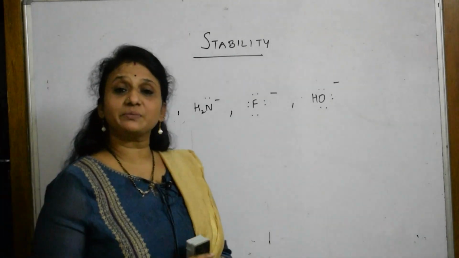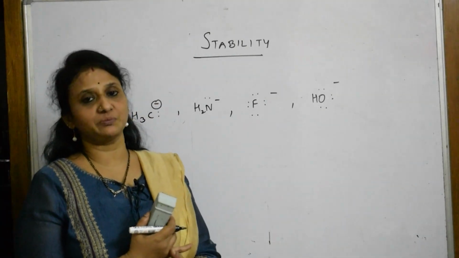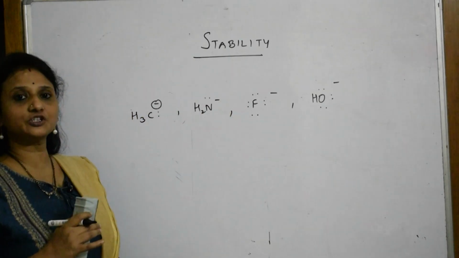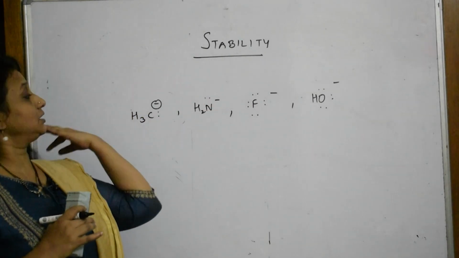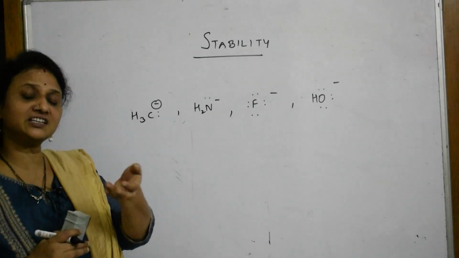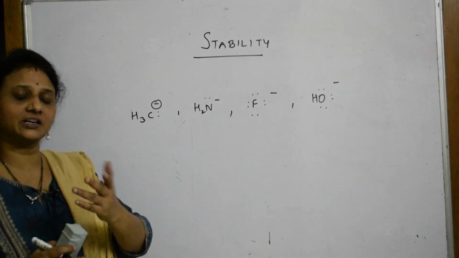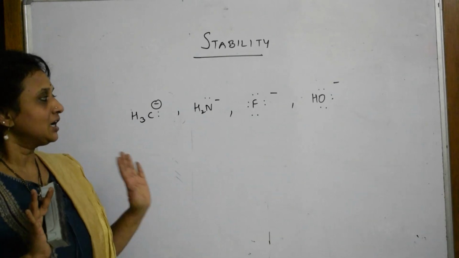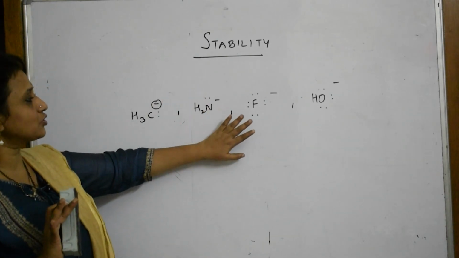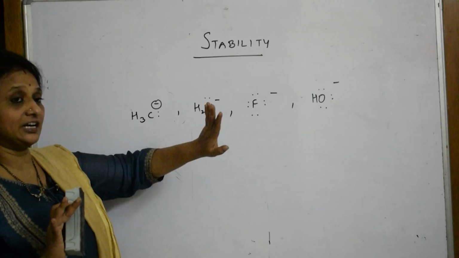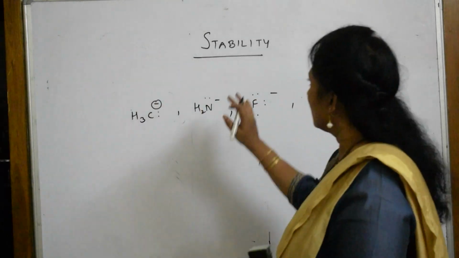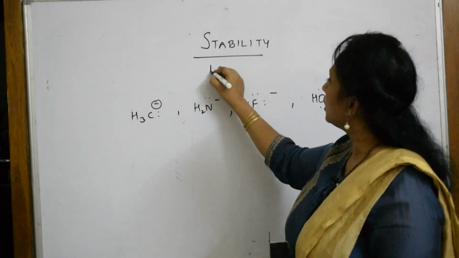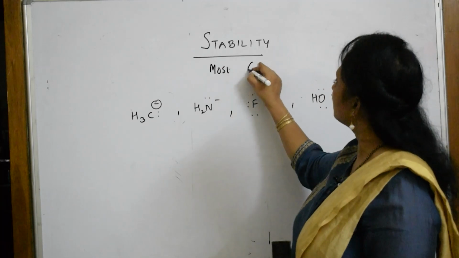Right. So let us come and do the next concept based on stability questions. Remember, such a question is given to you. They ask you to arrange in increasing or decreasing order of their stability. No problem. Anything they give, you need to understand the concept. Here, in this question, I need to understand based on their electronegativity. Why? Because whenever you have stability questions, you should compulsorily remember the most electronegative element.